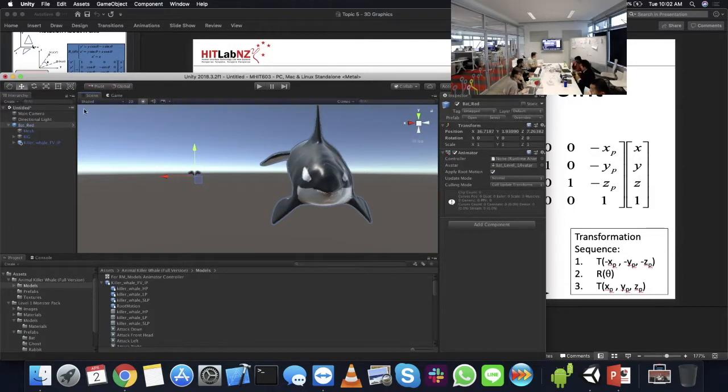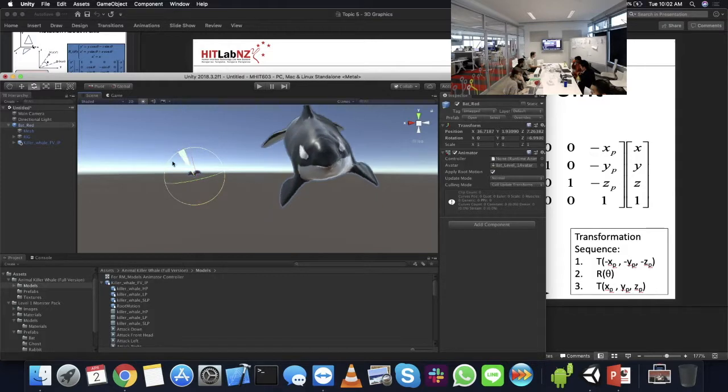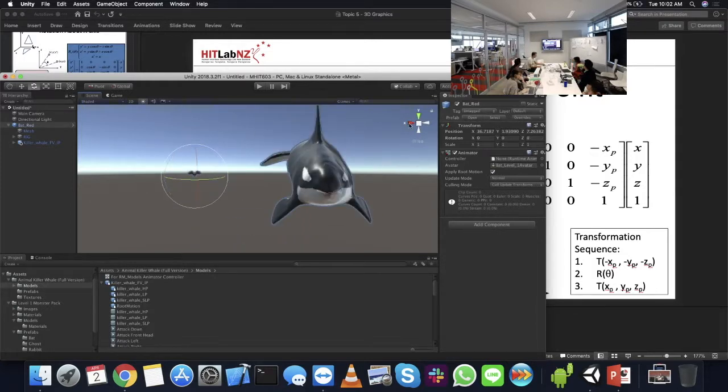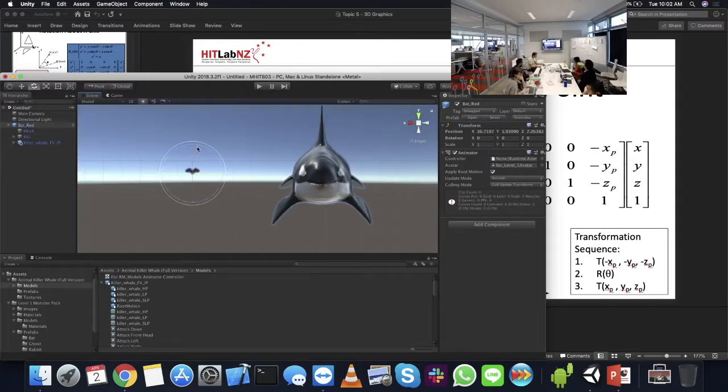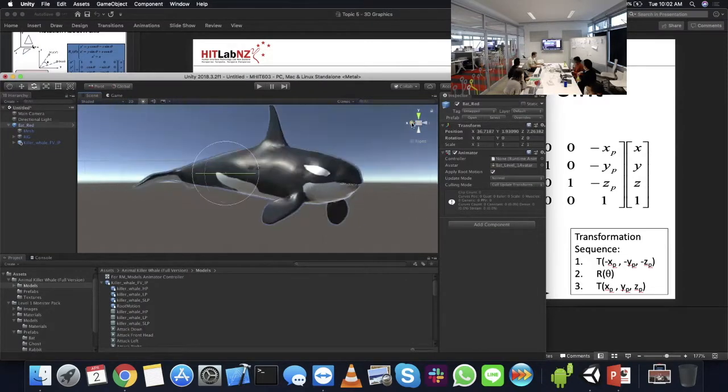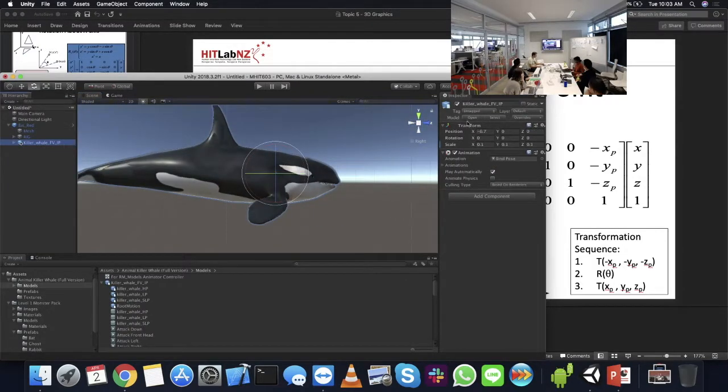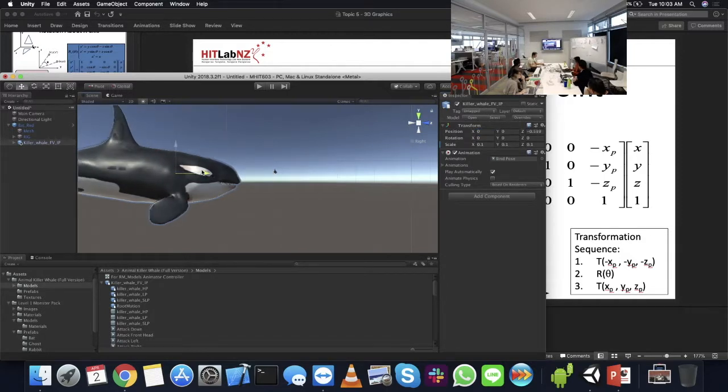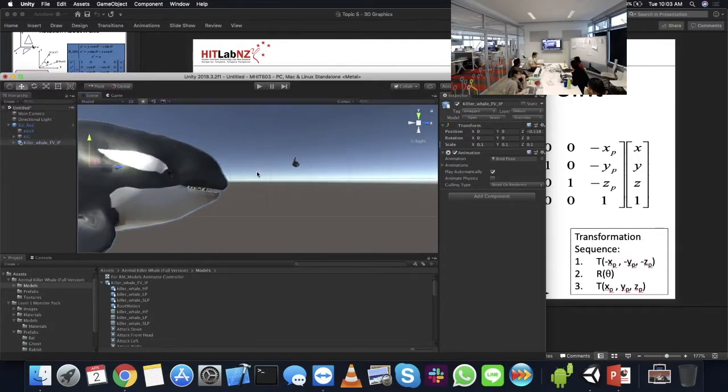Right, so we have a bat and a killer whale, and effectively we're talking about rotating the bat with the killer whale as a child. And we talked about how if we wanted to rotate the killer whale around some pivot point, let's put the killer whale to the side that way, so we can see our bat there.